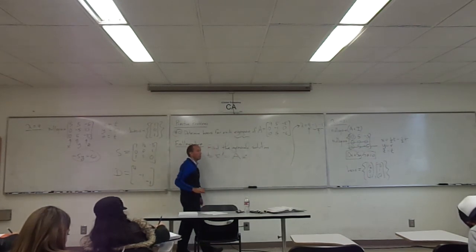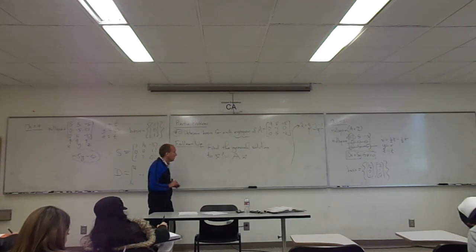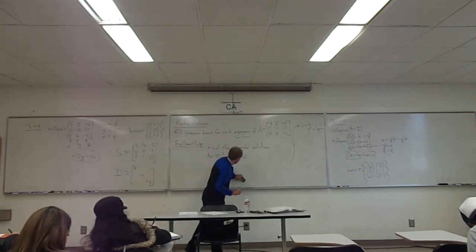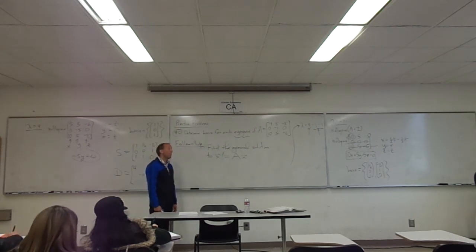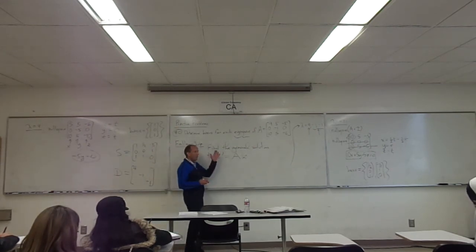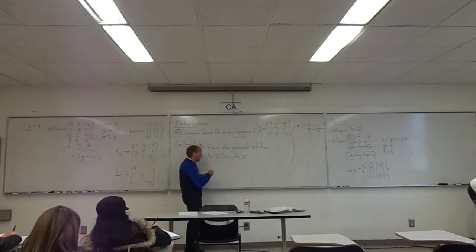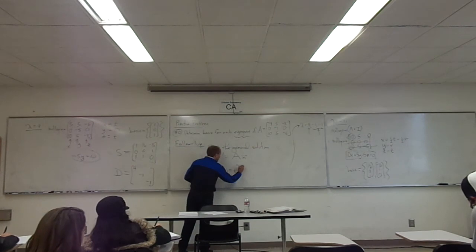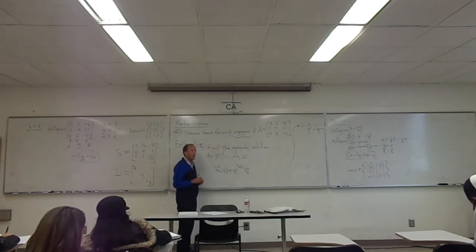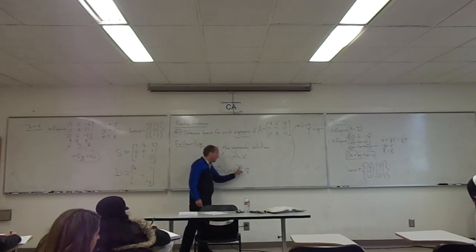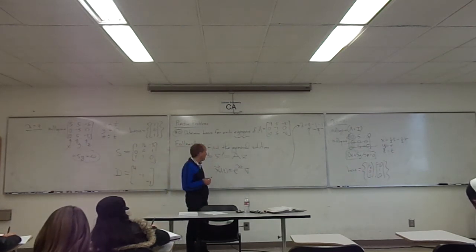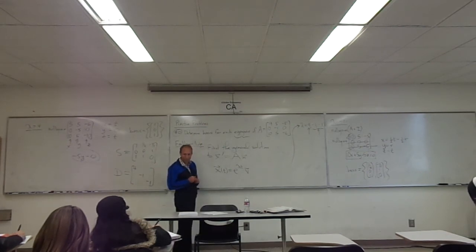This is the stuff we were just learning this past week or so. Okay, so we can find this general solution very easily now. Because if you remember, the solutions to this system all take the form e to the lambda t times v, where lambda is the eigenvalue and v is the eigenvector. And we've already found all those things. So we actually can go straight to the answer.